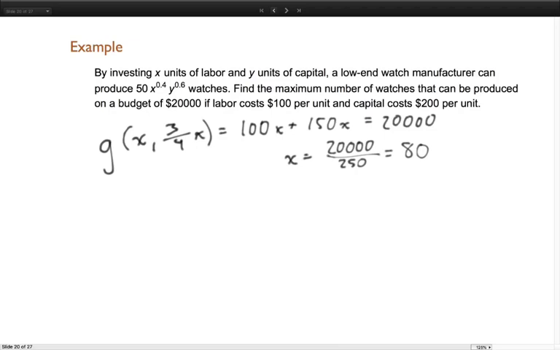Even x is 80, y is 3/4 of that, so we get 60. And all that's left to do to find out what that maximum production is is to plug back into the function f of 80, 60, which I believe is around 3,300 or so.